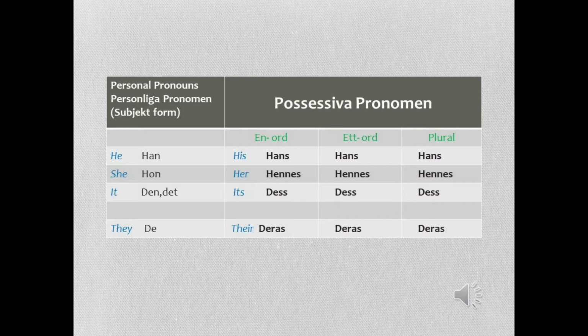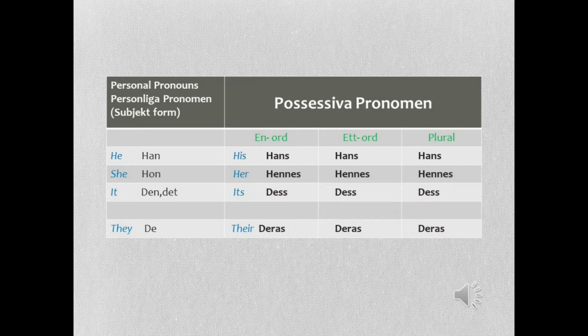The possessive pronoun of he is his. In Swedish, hans. Next is she, hon. The possessive pronoun of she is her. In Swedish, hennes.